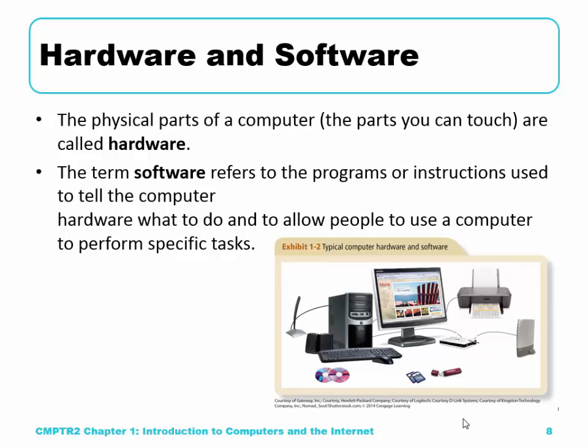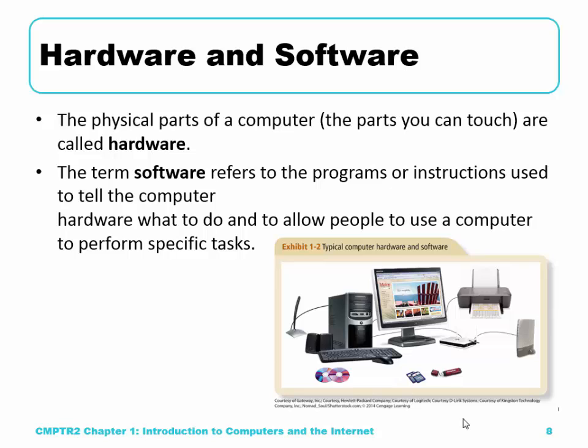The term software refers to the programs or instructions used to tell the computer hardware what to do and to allow people to use a computer to perform specific tasks such as creating letters, preparing budgets, managing inventory and customer databases, playing games, watching videos, playing music, etc. You have two major types of software: your operating system and your application software.